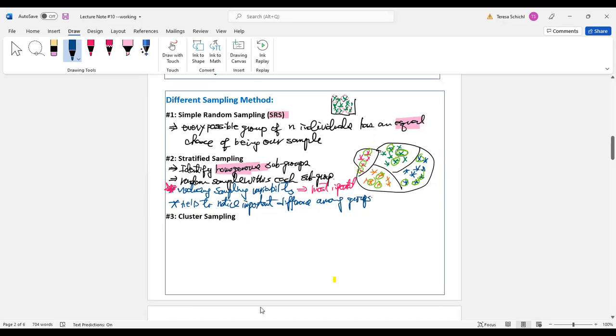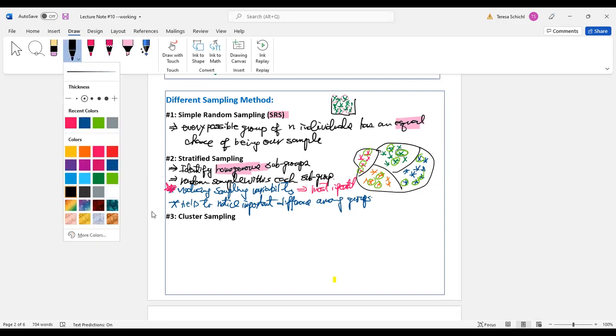Okay, cluster sampling. What is cluster sampling?